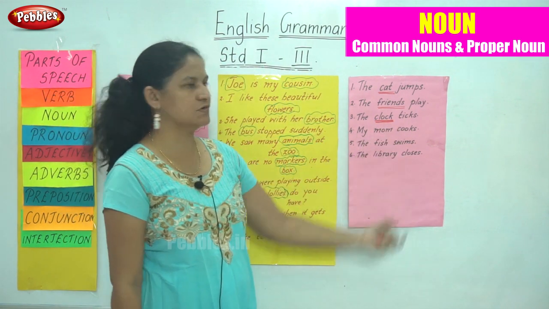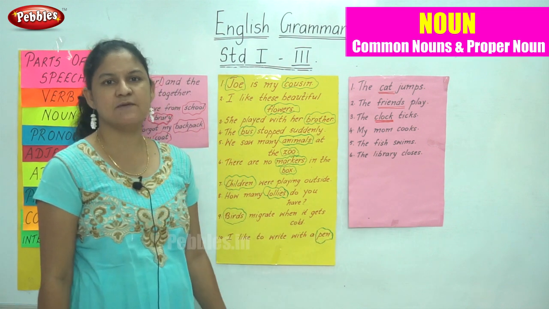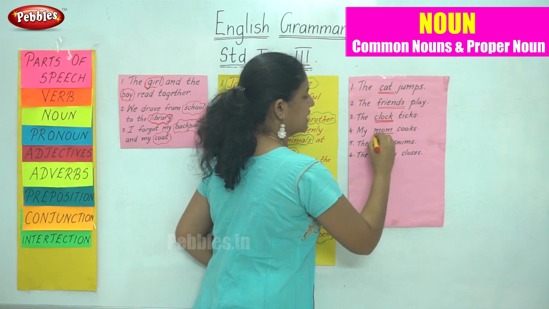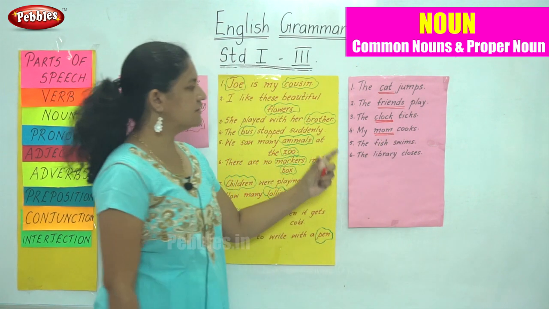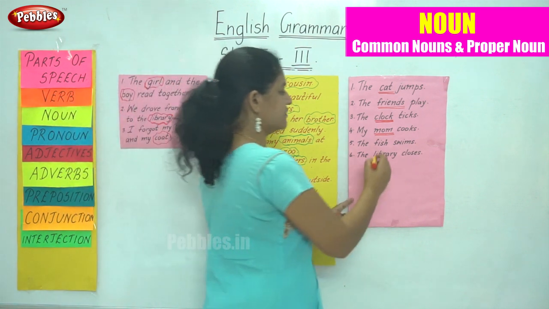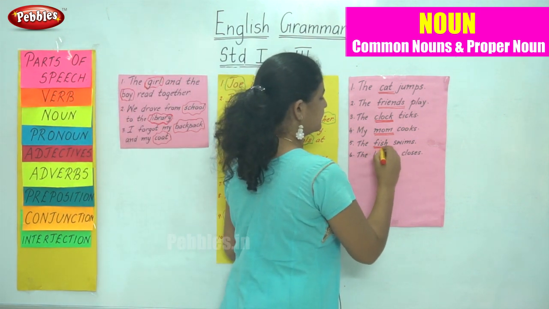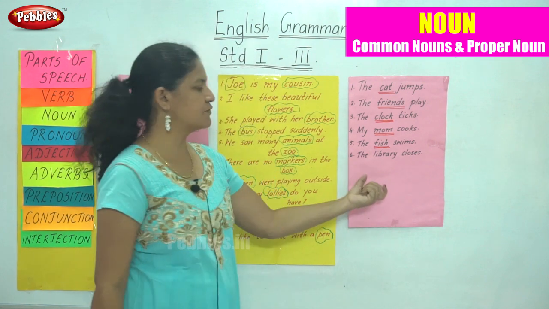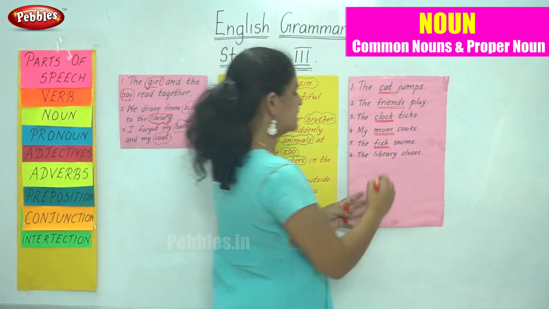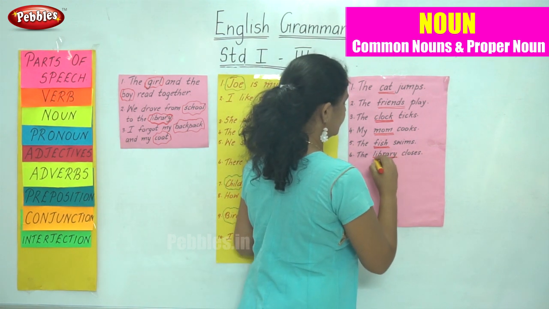My mum cooks. So mum is the name of a person and is a noun. So underline the word mum. The fish swims. Again, fish is the name of an animal and is a noun. The library closes. So library is the name of a place and is called a noun.